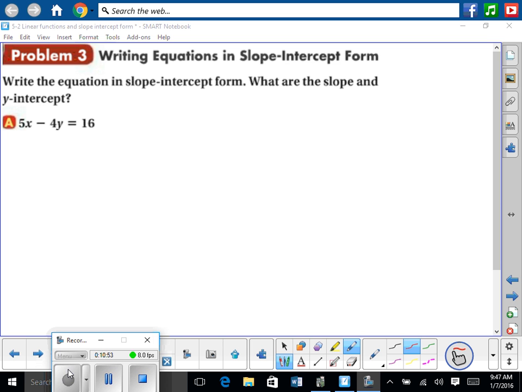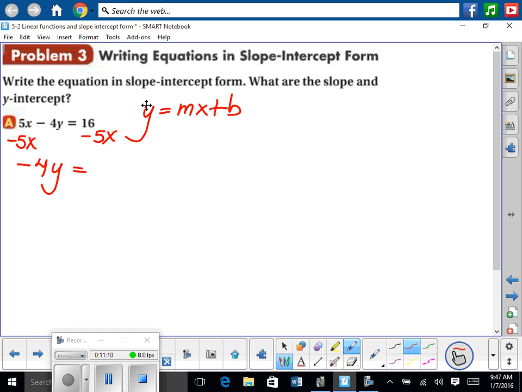Looking at this, slope-intercept form is y equals mx plus b. So we're trying to isolate y, get y all by itself. What should I do first? Subtract 5x from both sides. So we have negative 4y is equal to, I'm going to put the negative 5x first so I can have my mx first, so negative 5x plus 16, right?